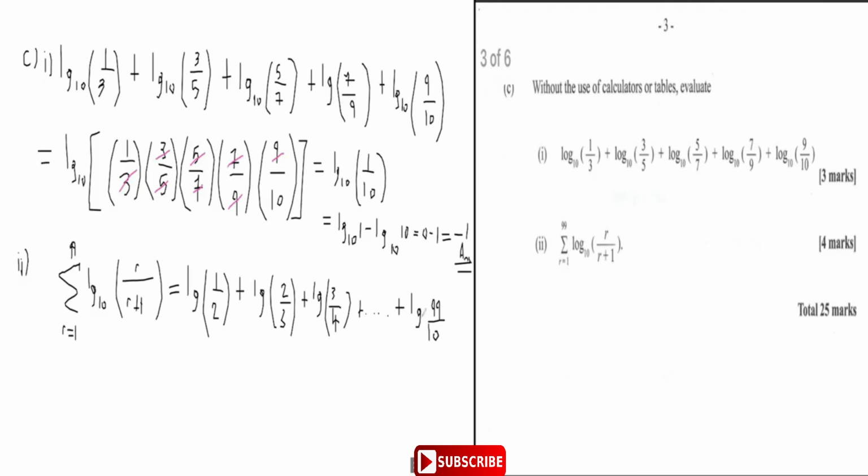A lot of work. Now to evaluate this log again, we're just going to utilize the same principle that we said. Log A plus log B is a log of AB.